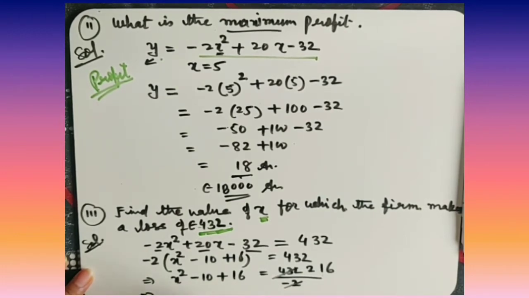So it will be x squared minus 10x plus 16 equals 216.